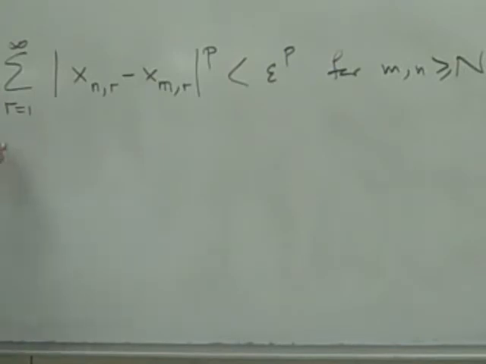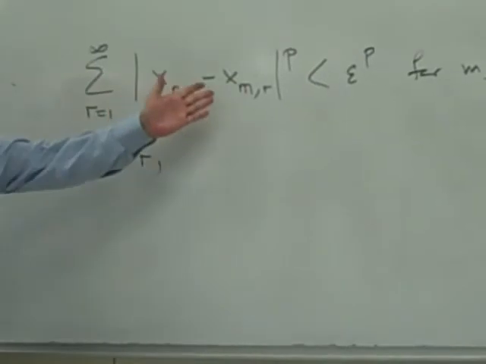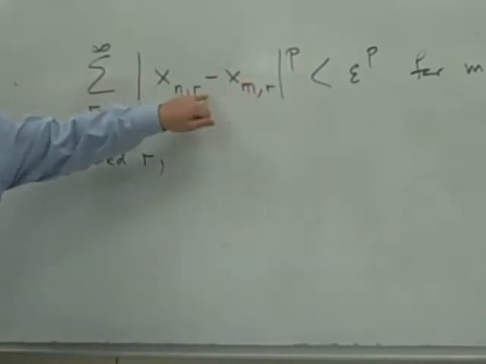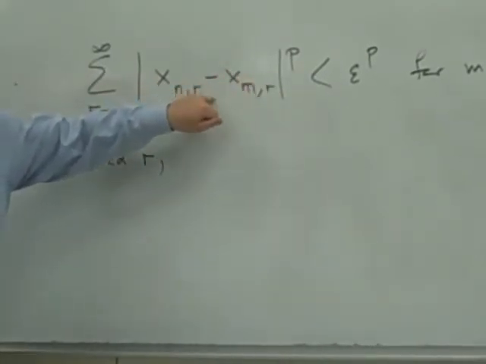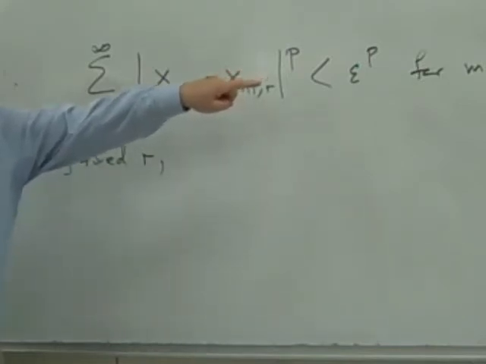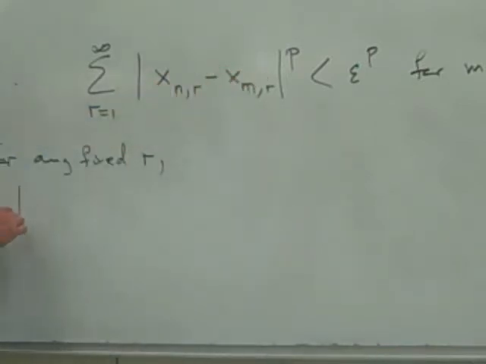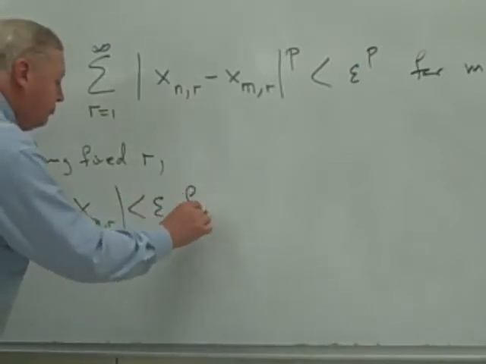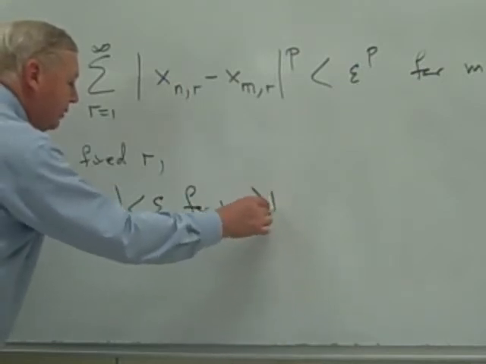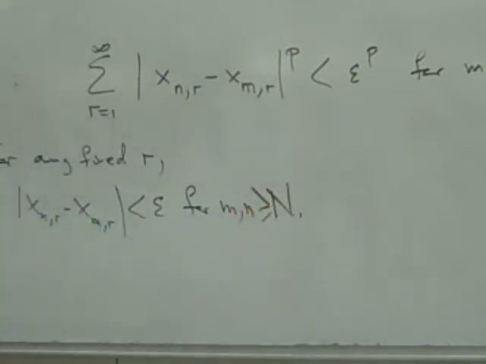So for any fixed r, this of course is a sum of non-negative terms, and so any one of them is going to be less than epsilon to the p. So absolute value x_nr minus x_mr is going to be less than epsilon as long as m and n are large enough.